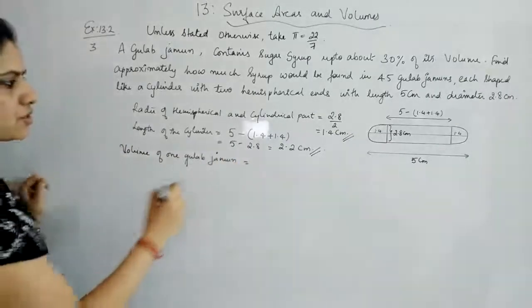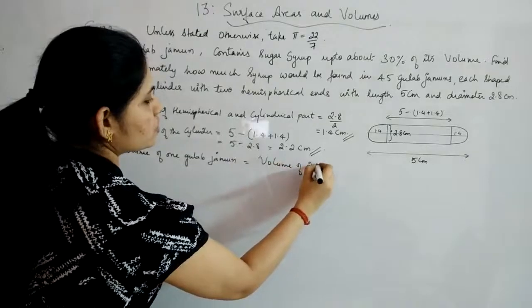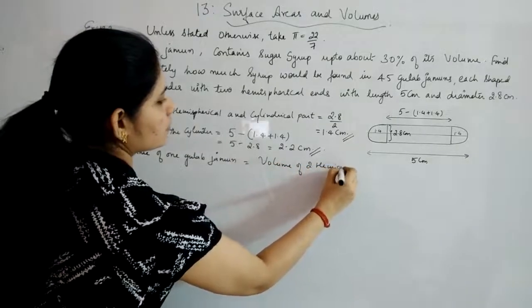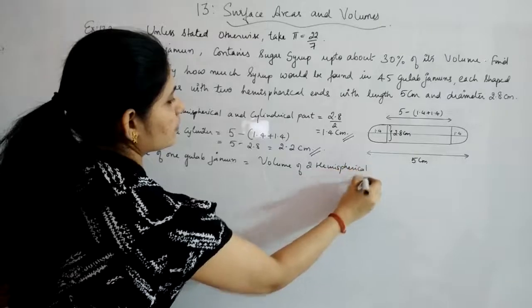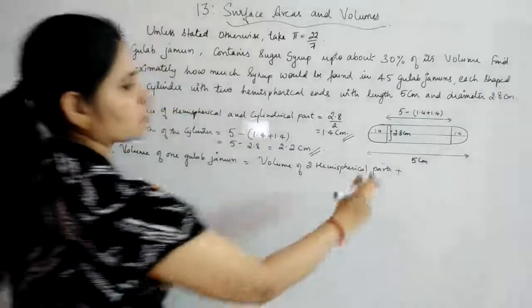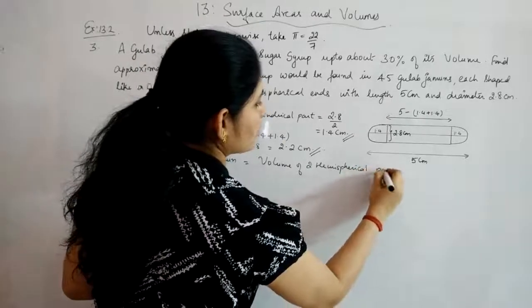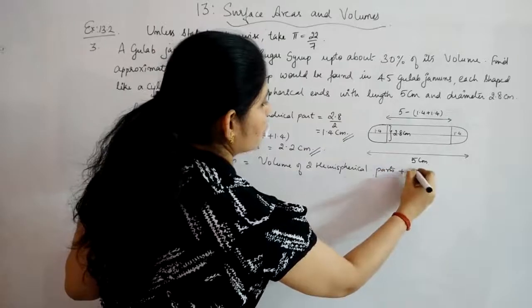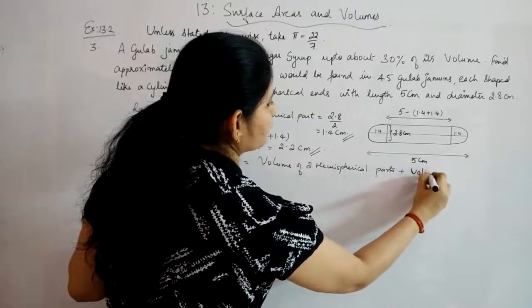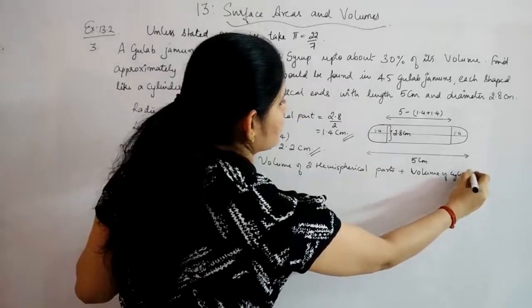Which is equal to the volume of two hemispherical parts plus the volume of the cylinder, the cylindrical part.